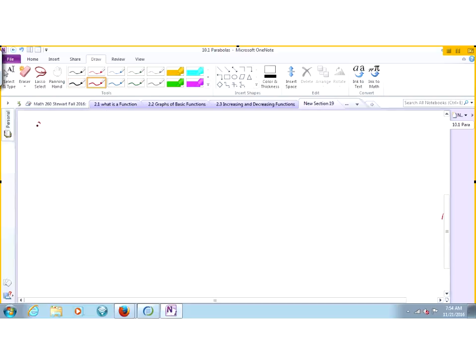So, horizontal parabola. There are two kinds, and I'm not graphing them. This is just a really rough sketch.